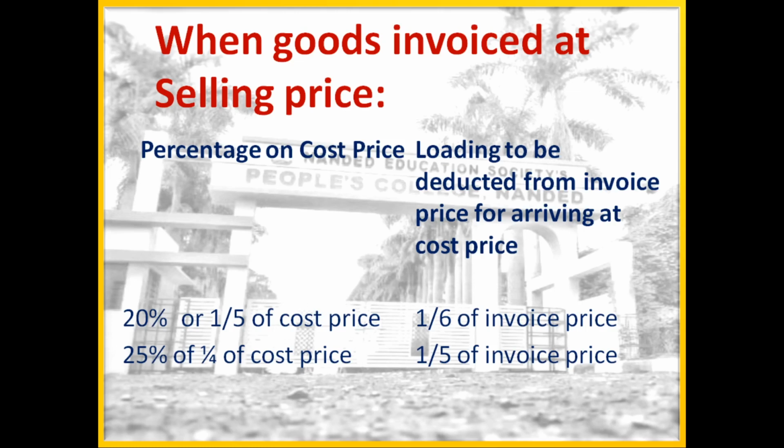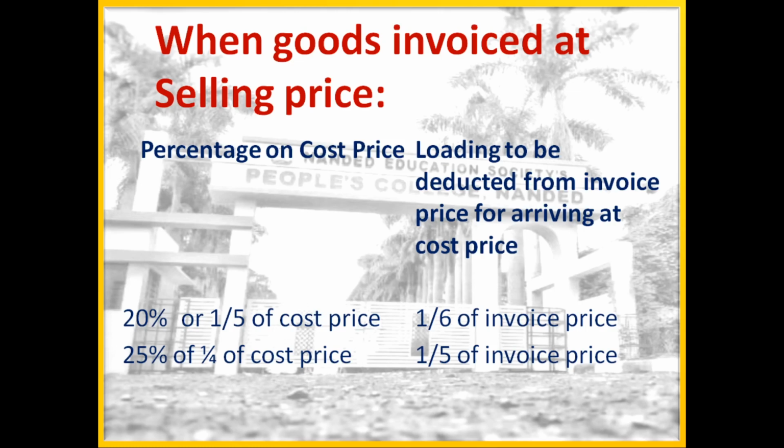Number 1, these are the very important part of this topic. Listen carefully. Number 1, loading in opening stock is shown on the credit side of branch account as stock reserve account. Number 2, loading in closing stock is shown on the debit side of the branch account as stock reserve account.